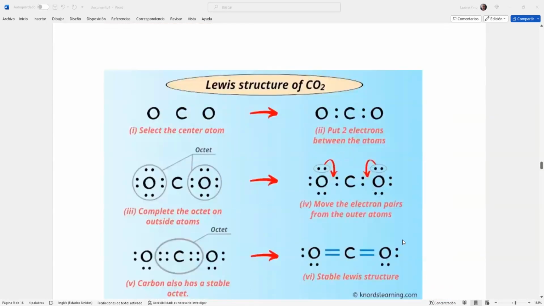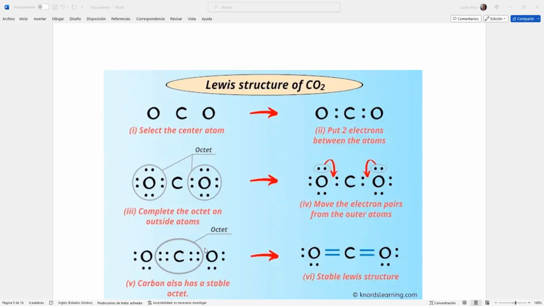In the case of carbon dioxide, you have 1 atom of carbon and 2 of oxygen. You have 6, 6, and 4, that is 16 electrons. Then you represent the 16 electrons as you can see. This oxygen and this oxygen get the octet rule, but not this carbon.